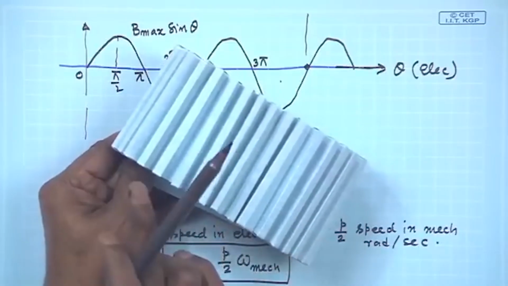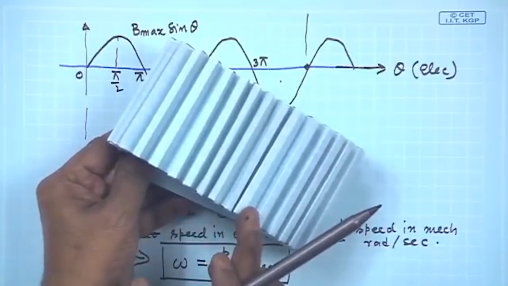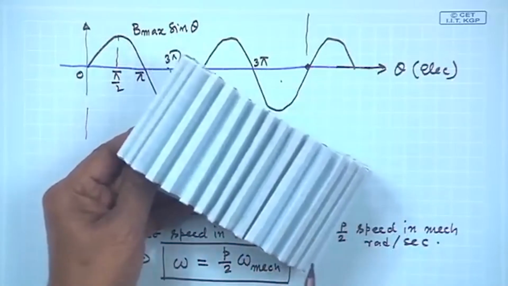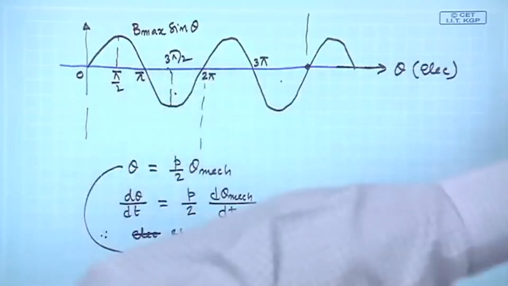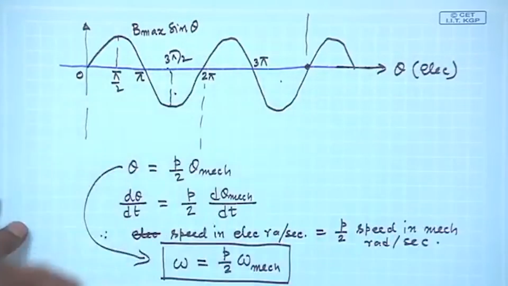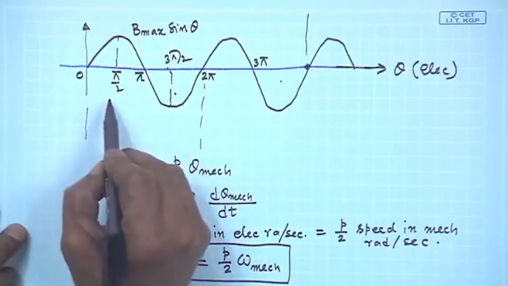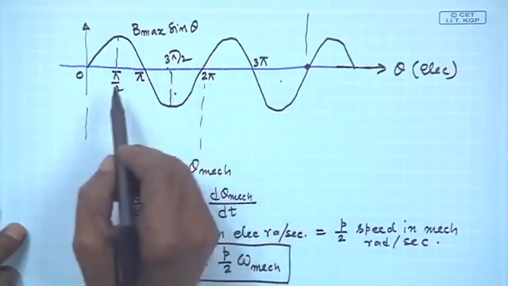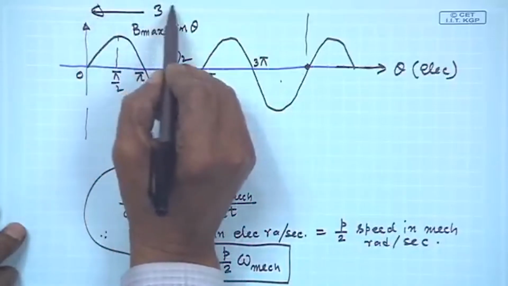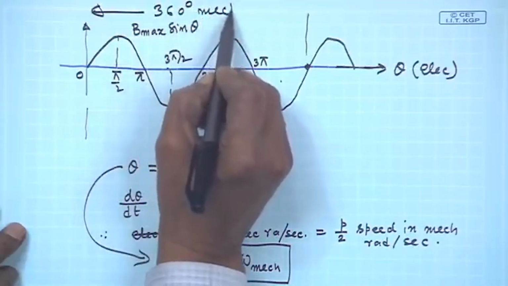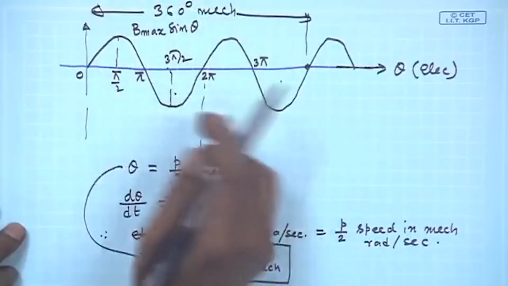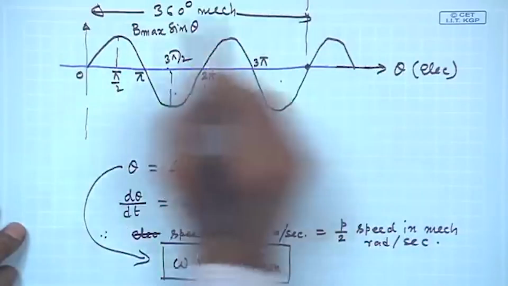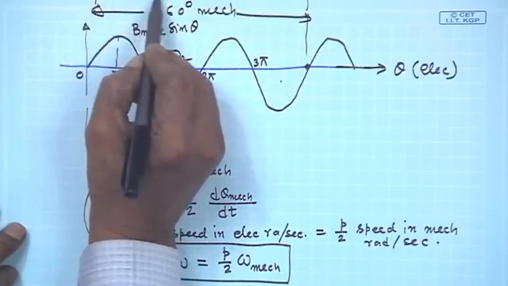Because that will then indicate electrical angle 180 degree and you are ensured it will be under the next opposite pole, south pole. Therefore, let it be a 4 pole machine. So, this is 360 degree mechanical, but electrically, 360 degree mechanical means 720 degree electrical, one and the same thing.